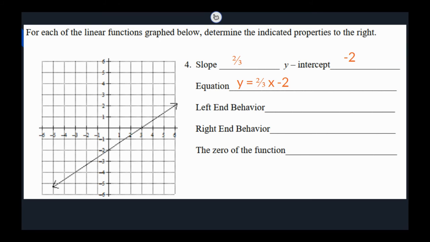Okay, what's the end behavior on the left-hand side of the graph? As x approaches negative infinity, f of x or y approaches negative infinity. And on the right-hand side, as x approaches positive infinity, y approaches positive infinity.